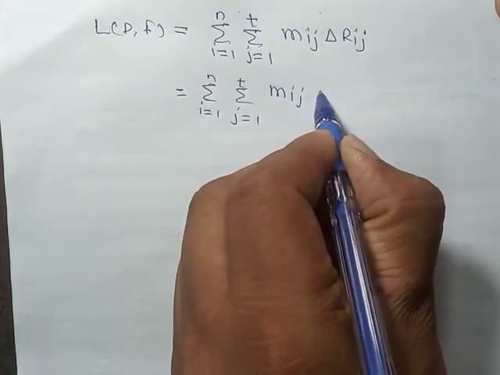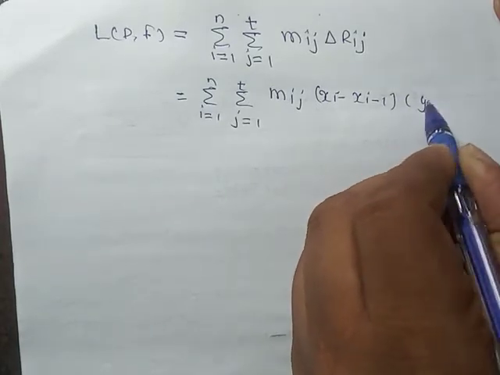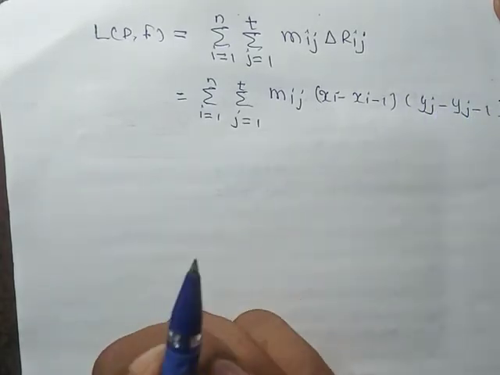What is Rij? Rij is xi minus xi minus 1 into yj minus yj minus 1.